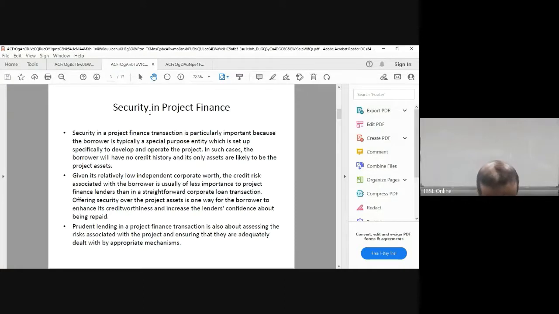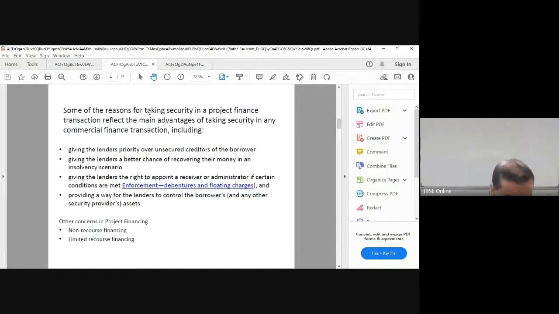So you have to primarily focus on the project cash flows. In it, we discuss two concepts: non-recourse lending and limited recourse lending. Non-recourse is basically lending on the strength of the cash flows, and limited recourse is where you try to get some other properties.